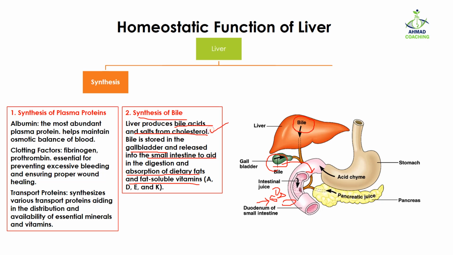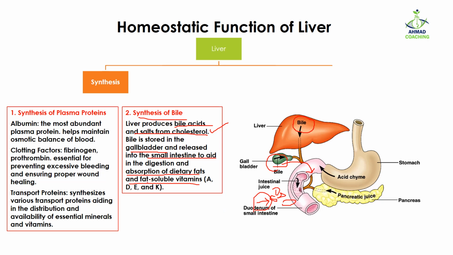Cholesterol is converted into bile, and then bile moves from the liver to the gallbladder. It is stored here, and whenever the small intestine needs to digest fats, it is released from the gallbladder, enters the intestine, and acts on the fats so that they are emulsified into small droplets, so that enzymes can act on them and digest them.